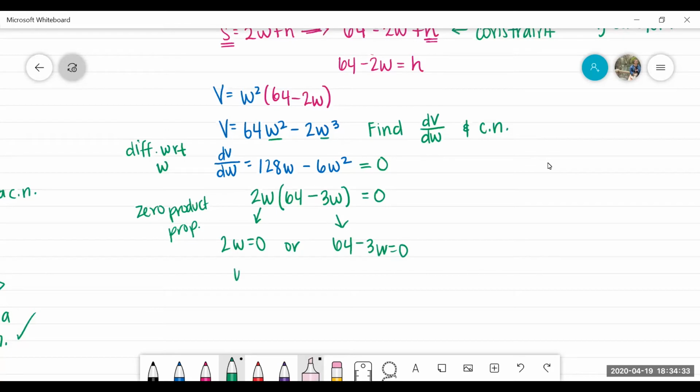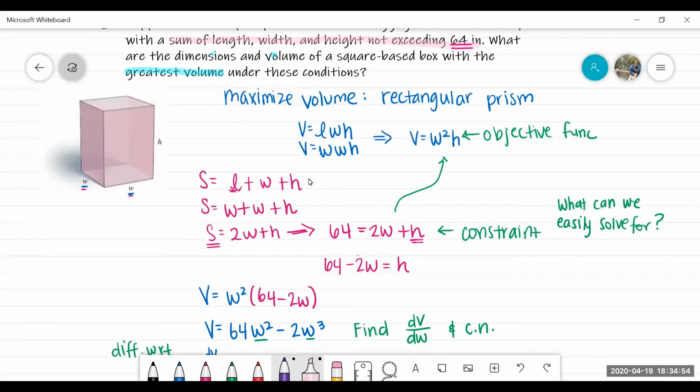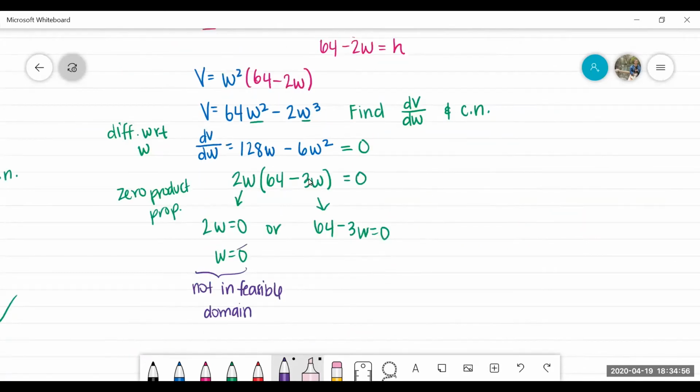Well, this tells us w is 0, and again, we run into that trouble of feasible domain. That would mean that the base of our luggage is 0. Doesn't make any sense, so we actually end up just tossing this one. We'll see that happen again. We saw it on the last example.